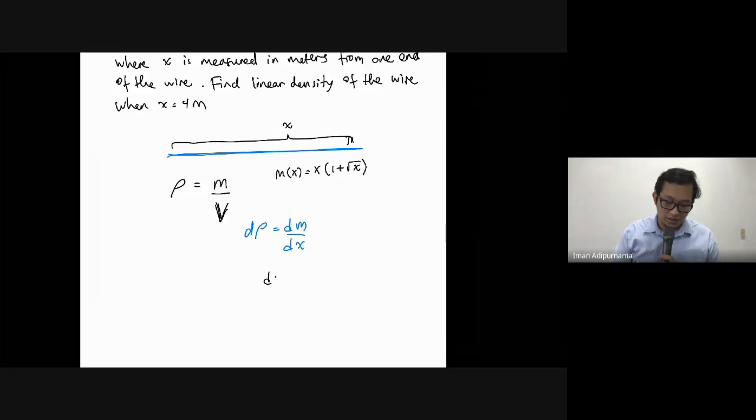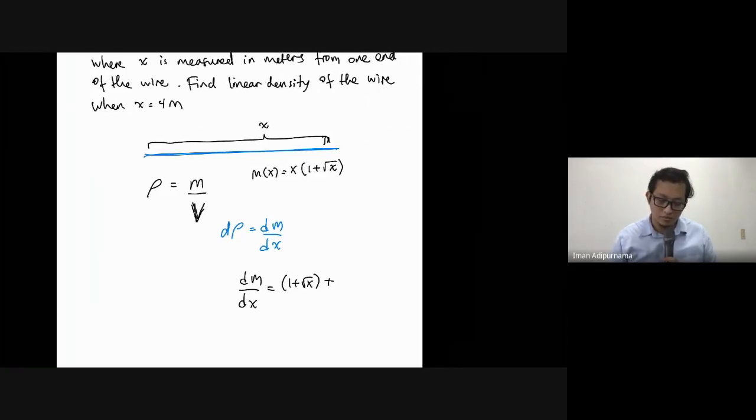So dm over dx, I can get from this: 1 plus square root of x plus 1. This is my linear density. So simplify things from physics.